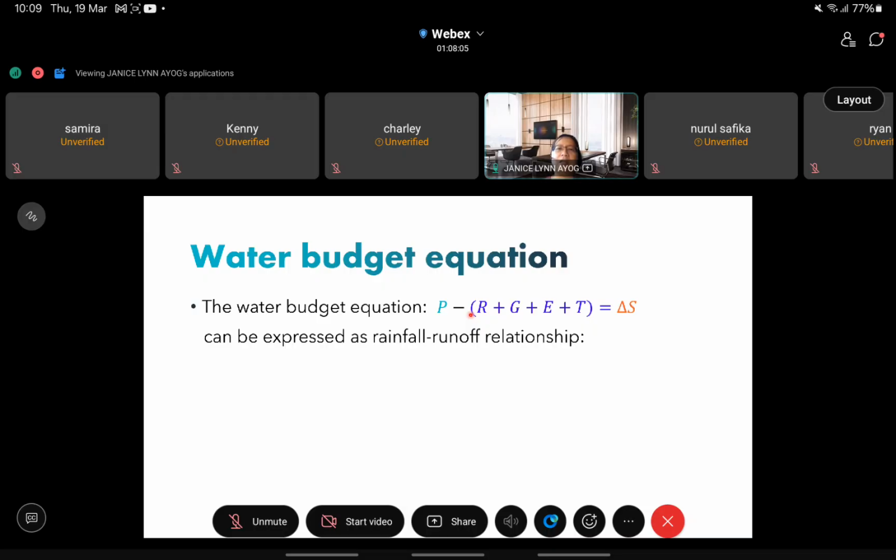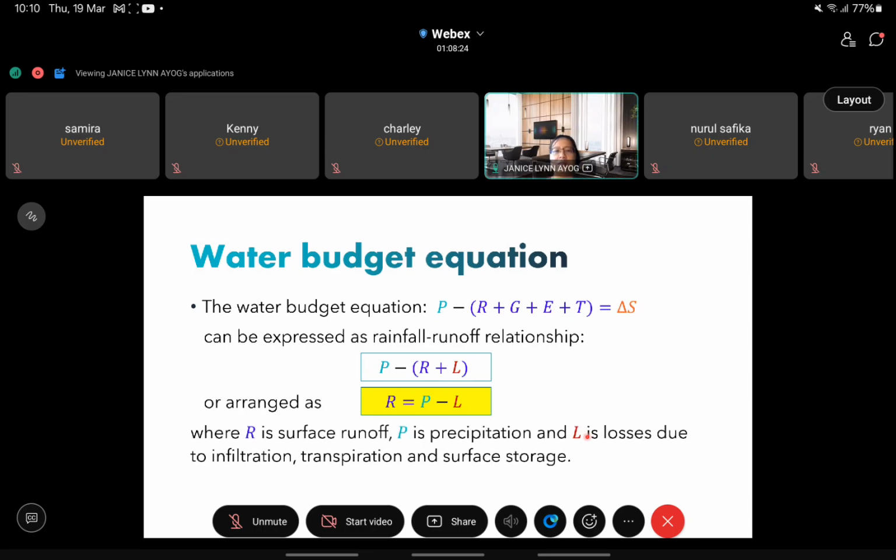If we convert that, we get P minus R, basically the runoff, and the rest of it, groundwater, evaporation, and transpiration, is lumped into losses. This is what we call losses. We can arrange that with the runoff on the left side of the equation, so R equals P, precipitation, minus the losses.